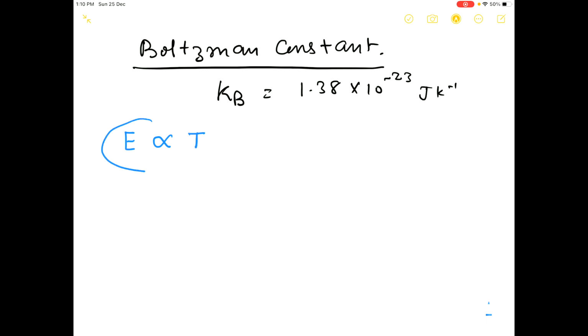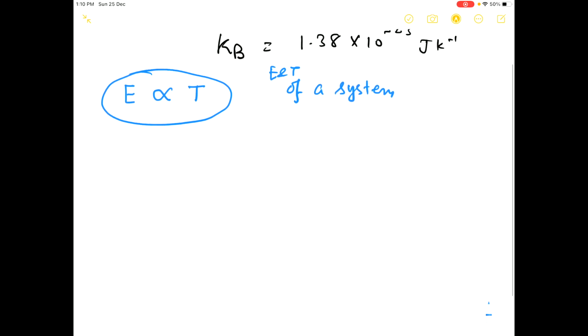It relates energy and temperature of a system. Then energy of the system is kBT, where kB is the constant of proportionality.